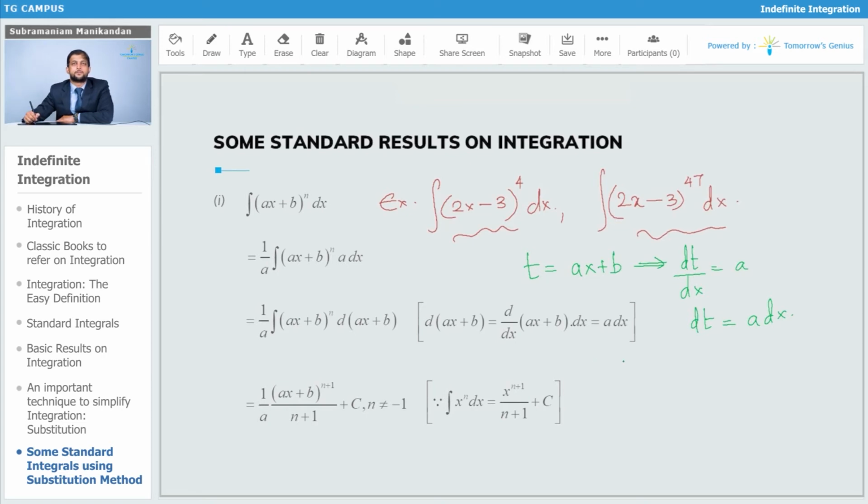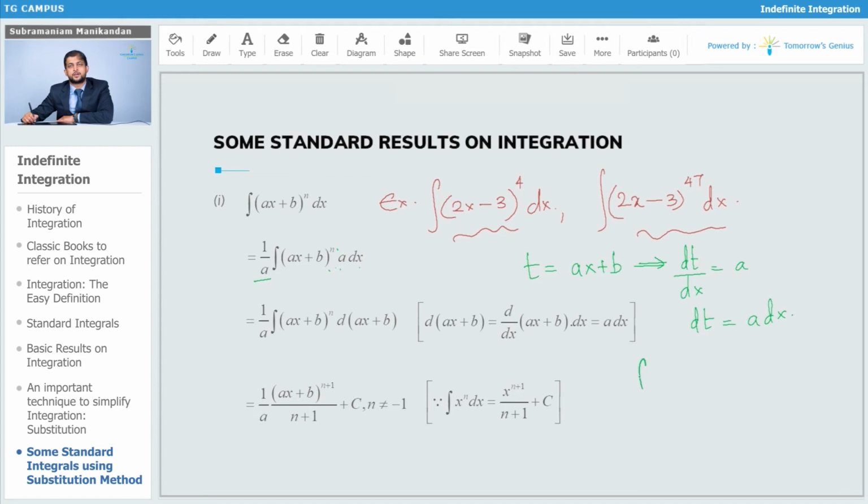But you would say that (ax + b) to the power of n does not have the a, it's just dx. Well, since a is a constant, we can always introduce the a by multiplying and dividing the integration by a. The 1 upon a stays outside, and the a in the numerator gets multiplied with dx, so a dx gives us dt. And (ax + b) to the power of n can be written as t to the power of n.